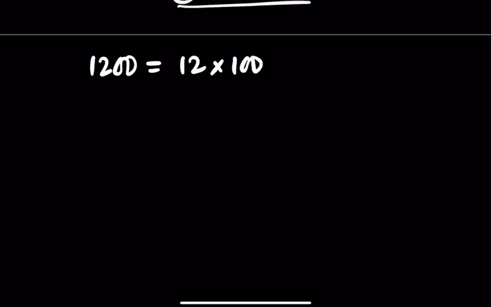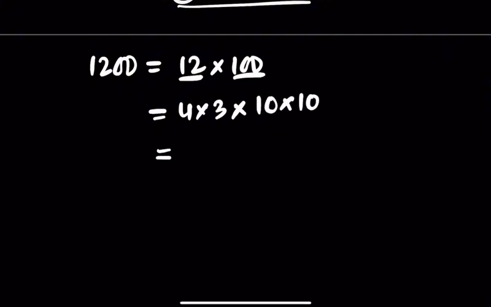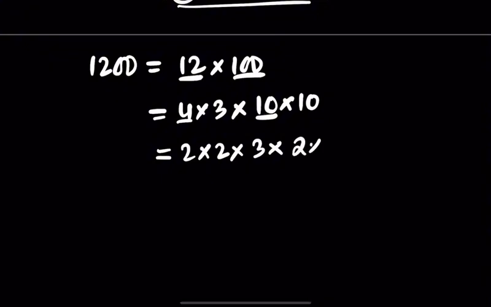Now let's see if 1200 is a perfect square. 1200 can be written as 12 times 100. This 12 can be written as 4 times 3, and 100 can be written as 10 times 10. This 4 can be written as 2 times 2 times 3, and this 10 can be written as 2 times 5, and same with this one, 2 times 5.